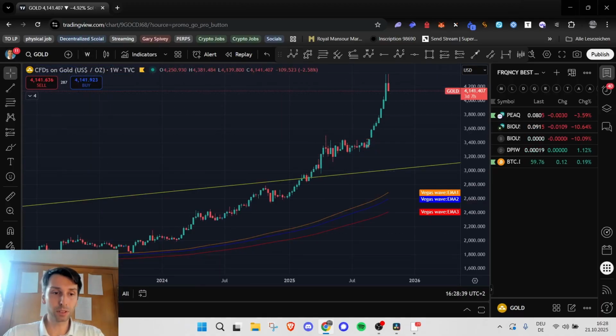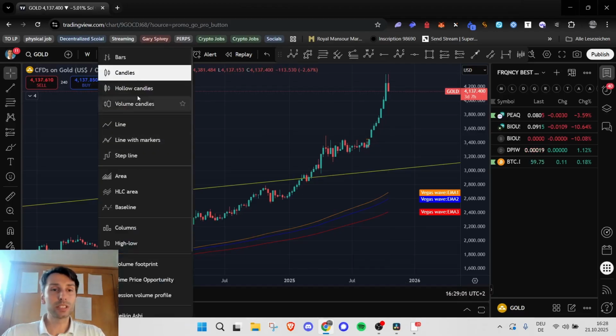So in the bottom, you can see this chart shows gold from 2023 up until right now. So Monday 9th, 2023 until Monday 20th, October 25.